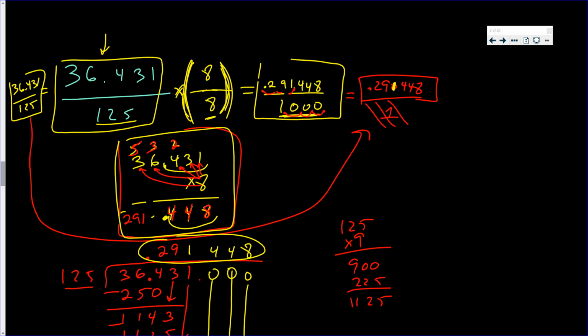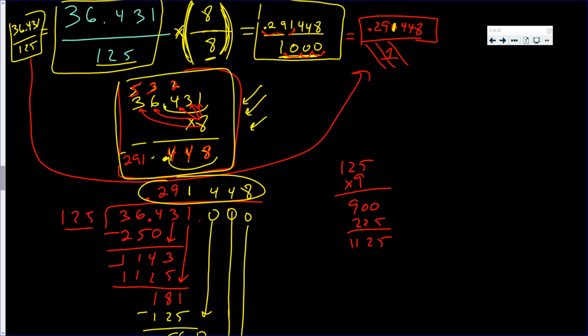Okay? But come on. You'll make fewer mistakes with multiplication by 8 than you will with division by 125. This time, it backfired on me. But overall, I'd rather multiply by 8 and then move decimals than divide by 125. Okay, you be careful. You don't make a silly mistake like I did, and there won't be a problem.